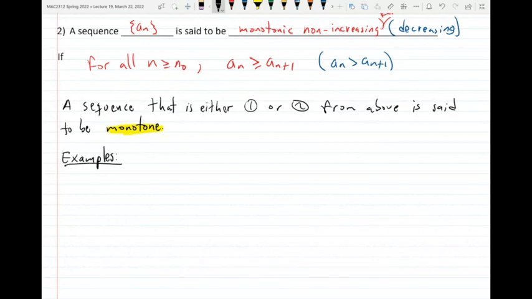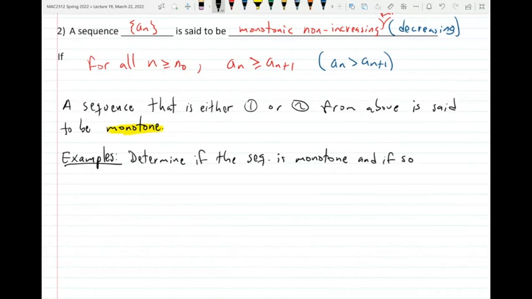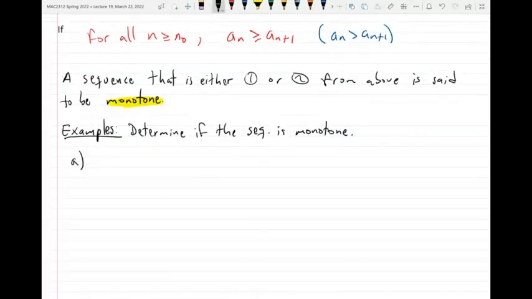First one: determine if the sequence is monotone, and if so, classify. Sequence is monotone. All right, so let's do number one.